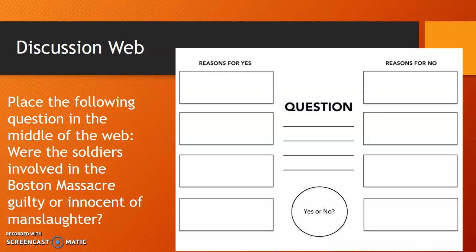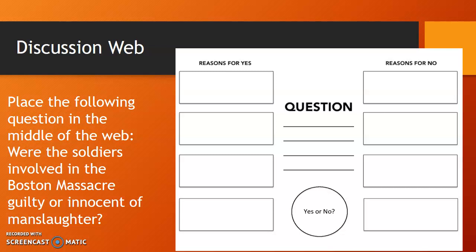So as you go through and read the two passages and highlight your important information, I want you to keep this question in mind. Were the British soldiers guilty or innocent?